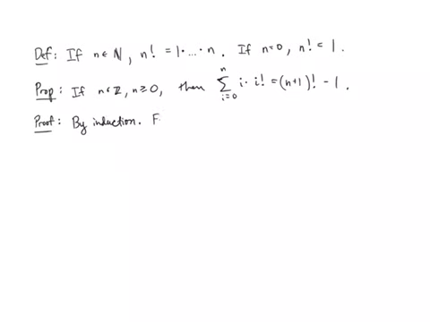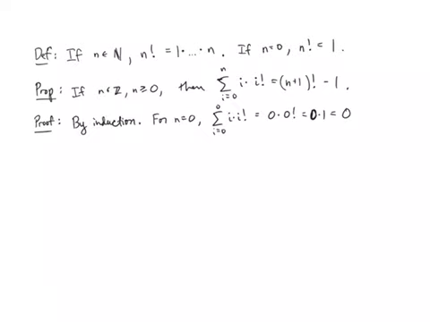For n equals 0, we have the sum from i equals 0 to 0 of i times i factorial is just 0 times 0 factorial, which is just 0 times 1, and that's 0.